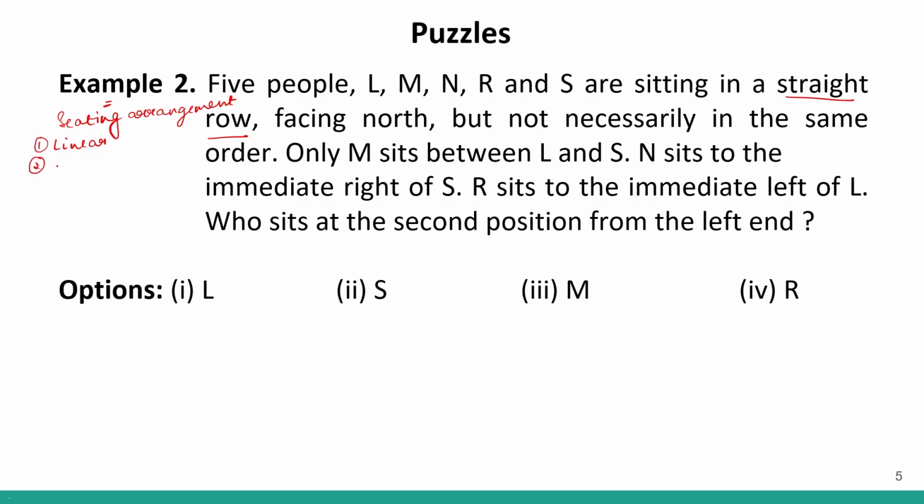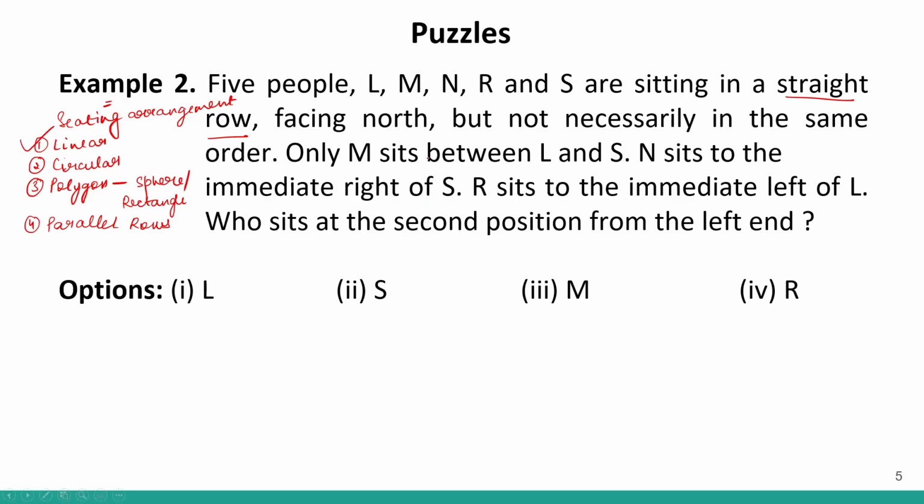Second type is your circular seating arrangement where everybody sits in a circle. Third type is your polygon. There are two very common shapes, square and rectangle, I have told you this, correct? And the fourth type is parallel rows. So this particular question belongs to linear seating arrangement.